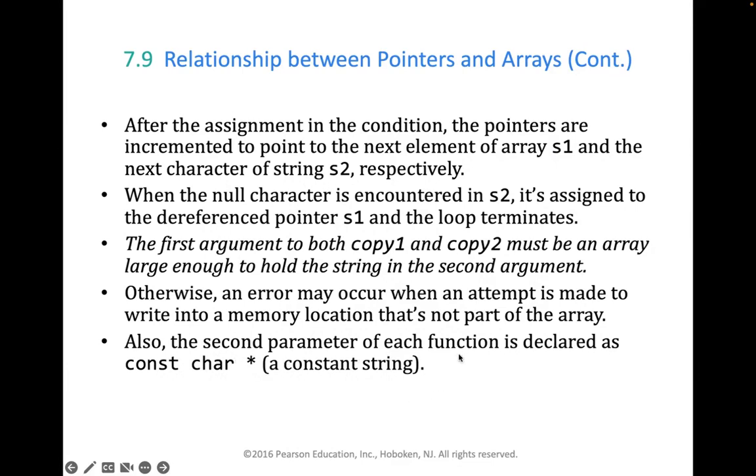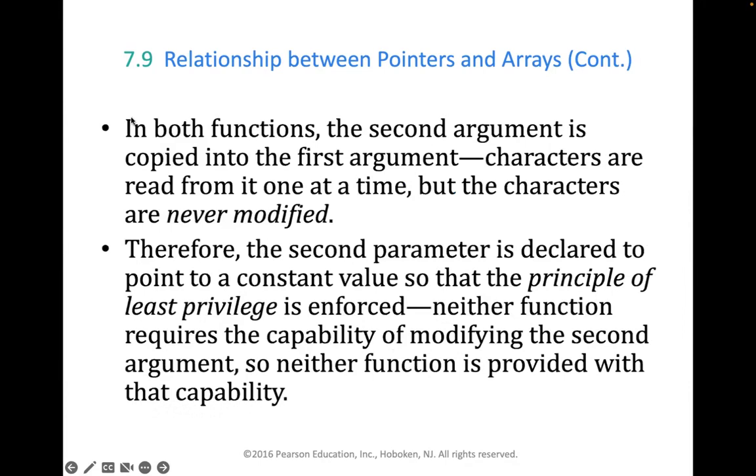The second parameter of each function is declared as const char. So in both functions, the second argument is copied into the first argument, read from one time, but never modified.